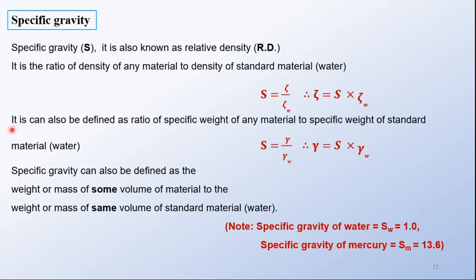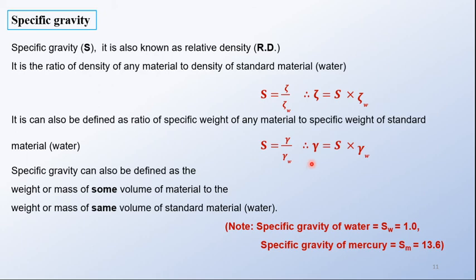Now, specific gravity can also be defined as the ratio of specific weight of any material to specific weight of standard material, water. So S is equal to gamma of material divided by gamma of water.